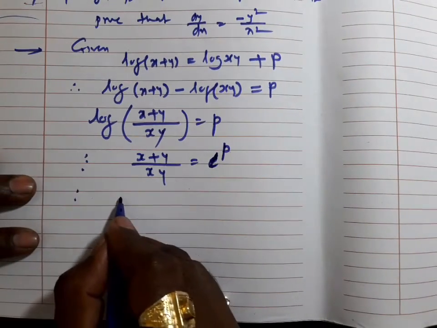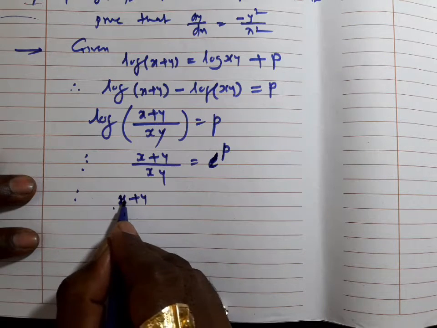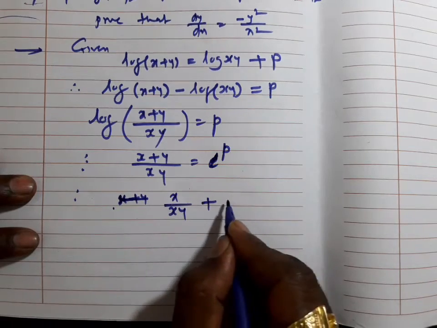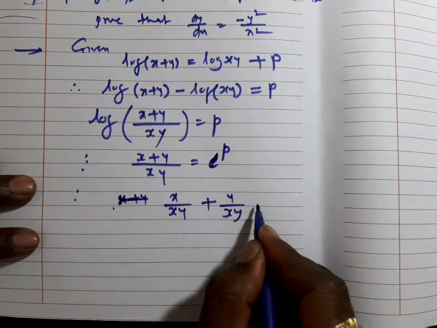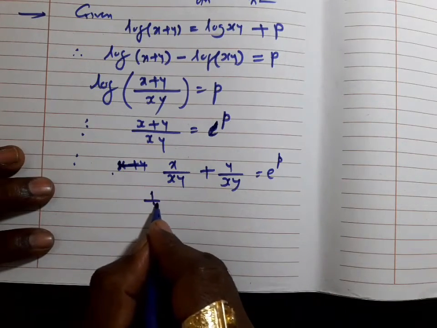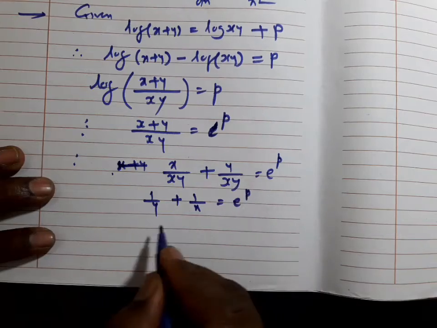Further, we can simplify this. x upon xy plus y upon xy is equal to e raised to p. It is 1 upon y plus 1 upon x is equal to e raised to p.